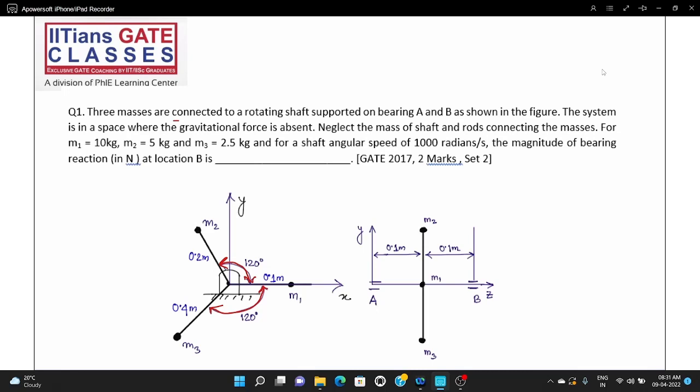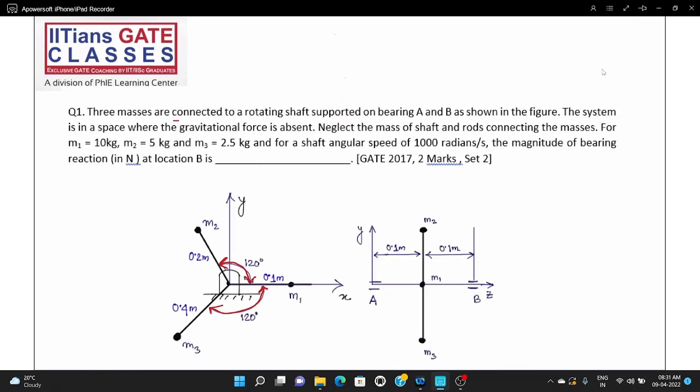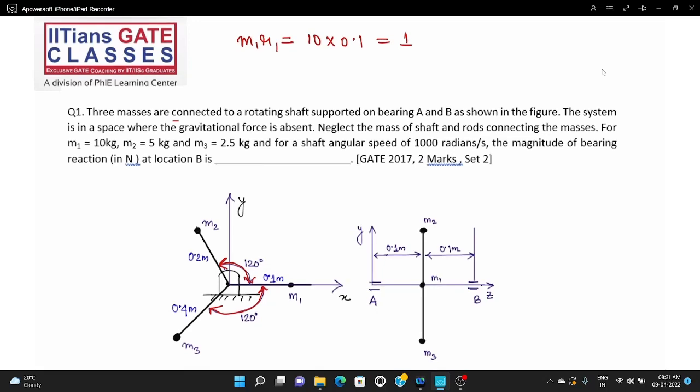So let us do one thing. Let us calculate M1R1, M2R2, and M3R3. M1R1 is 10 into 0.1, that is equal to 1, and the unit is kg meter.